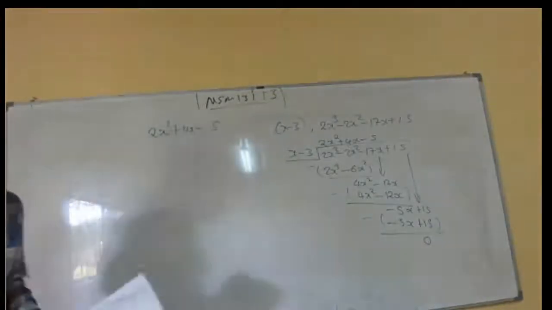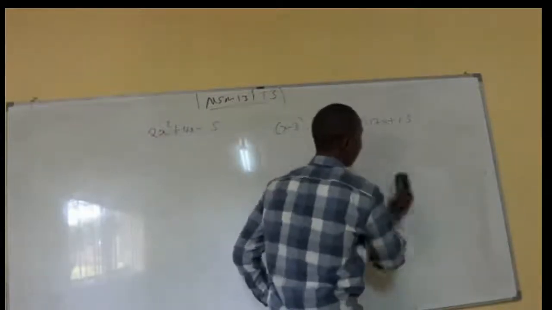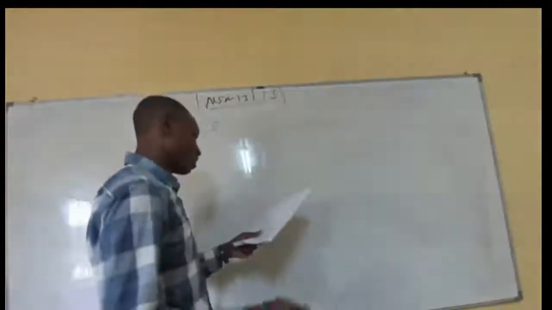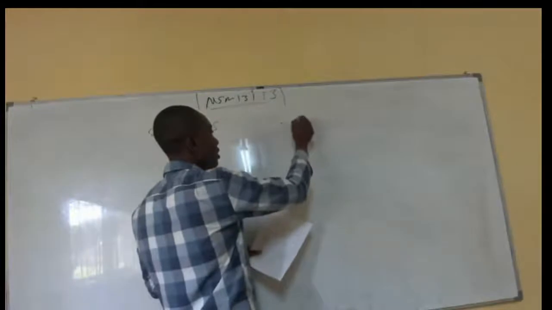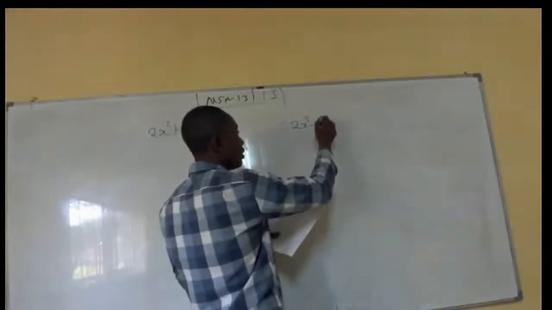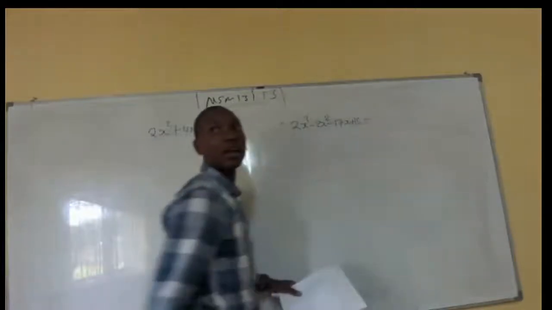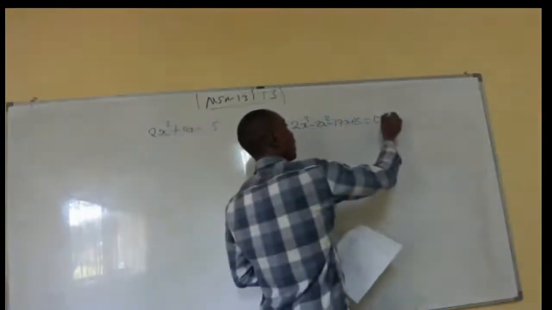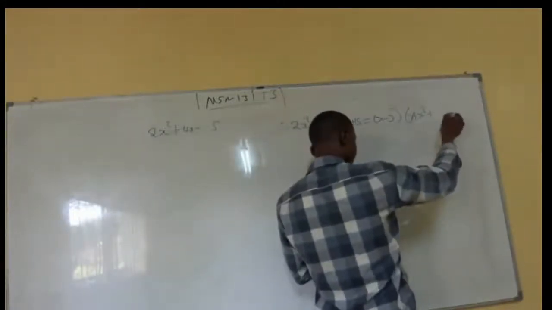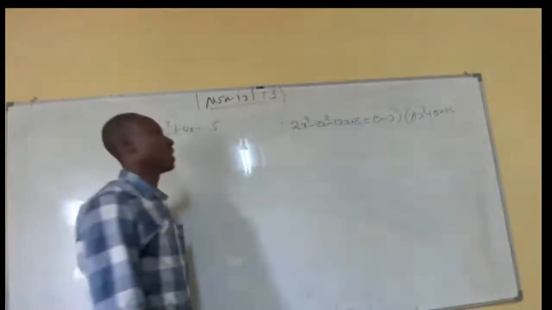As I said before, by using long division, I've answered the question completely, right? We've been told that we need to express 2x cubed minus 2x squared minus 17x plus 15, okay? And this should be in the form x minus 3 multiplied by ax squared plus bx plus c, right, where a, b, and c are to be determined.